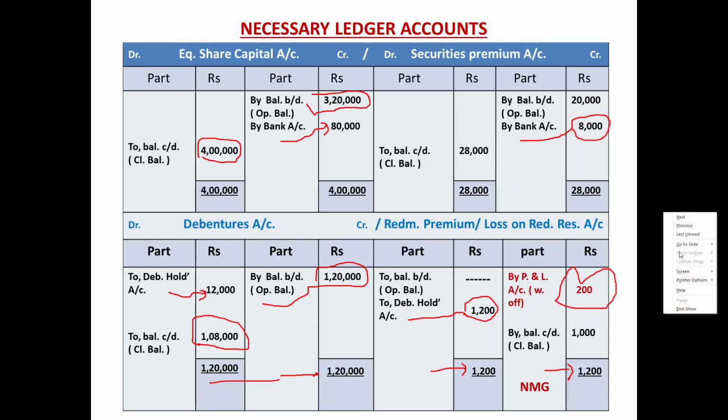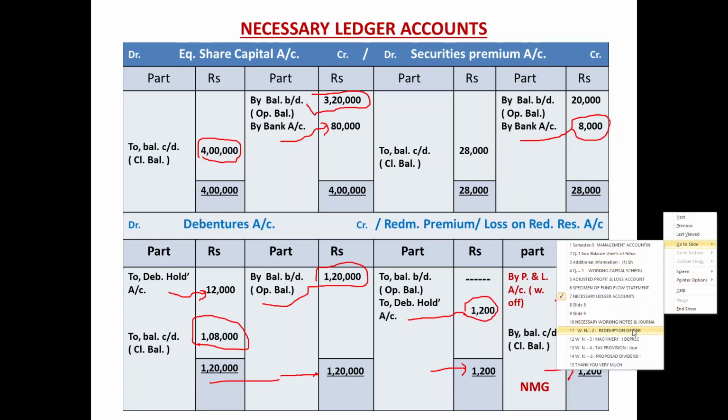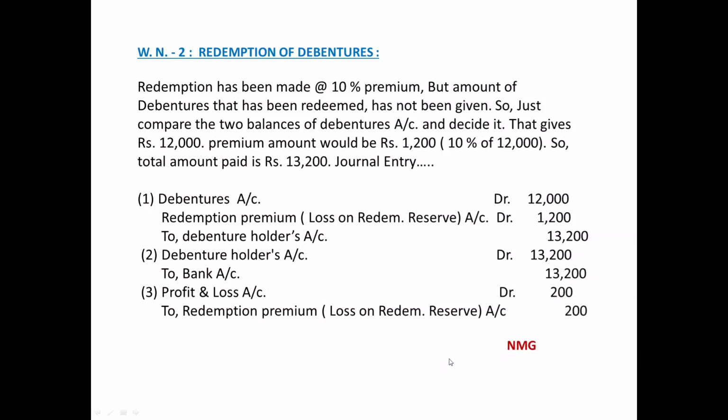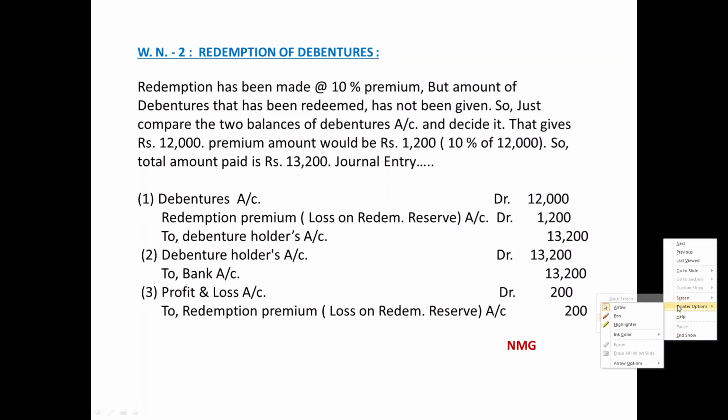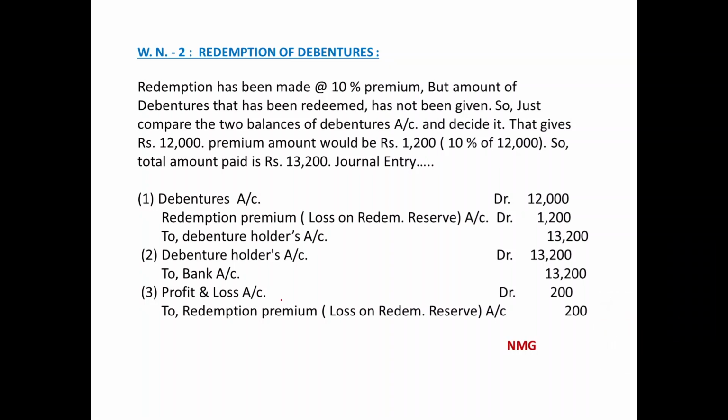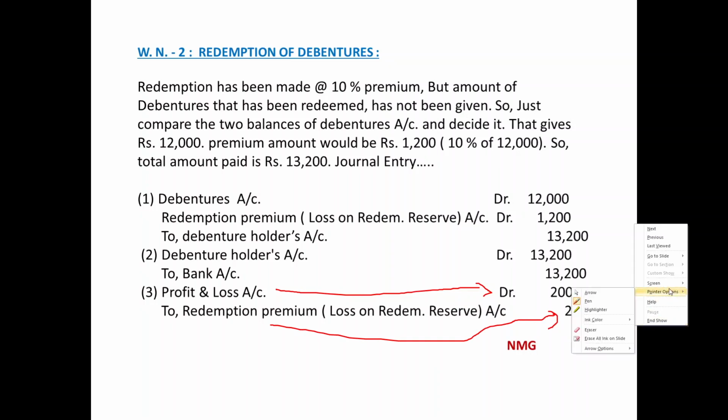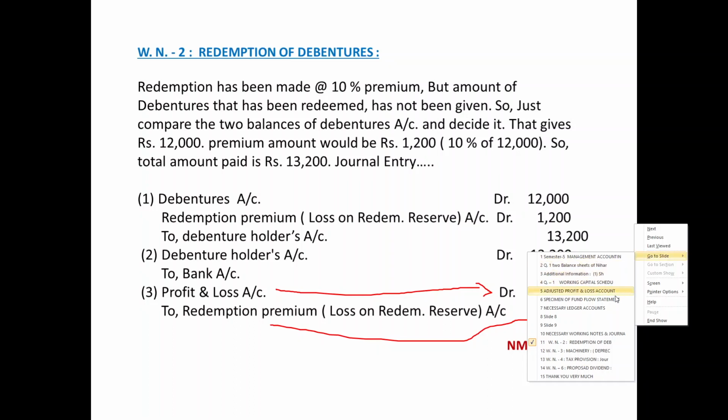So in the third journal entry, profit and loss account debit, to redemption premium or loss on redemption reserve account credit 200. So by applying the concept of amortization, company has already written off rupees 200 to profit and loss account.